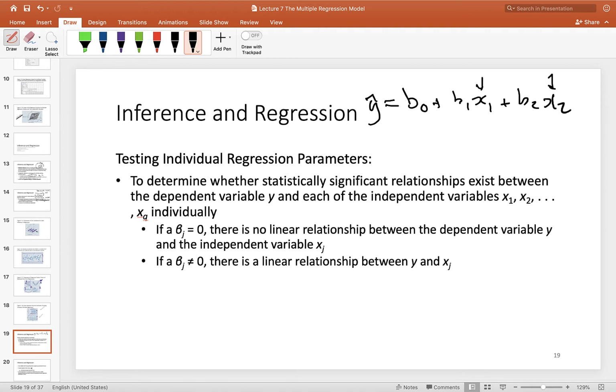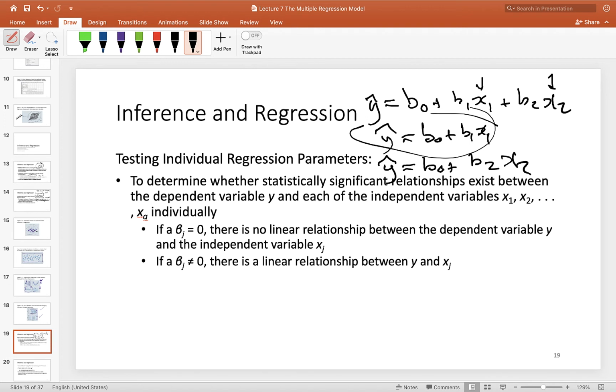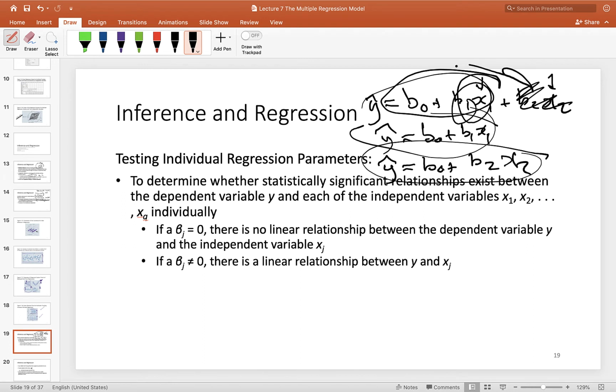What that means is when I split the model out like this and consider x1 on its own, I need this to be a linear regression model, and I also need this to be a linear regression model. When I cut this out and just look at this, I need it to be linear. And then when I bring this back in, I need them to be linearly related. So that's what we want to do.